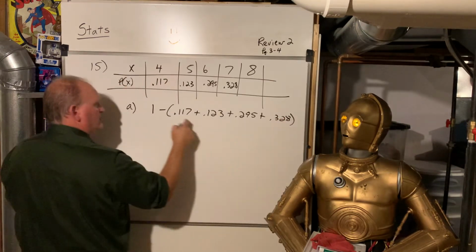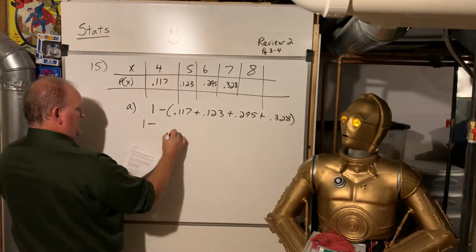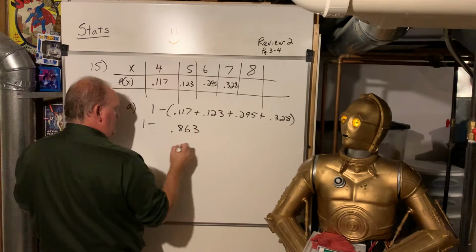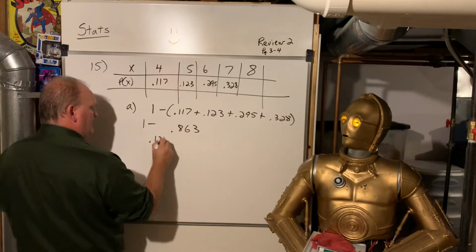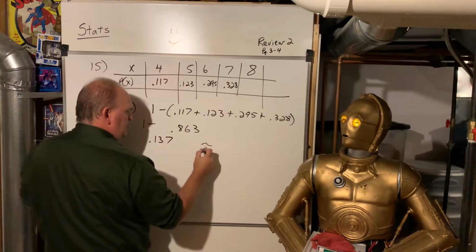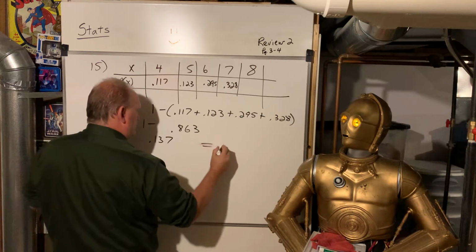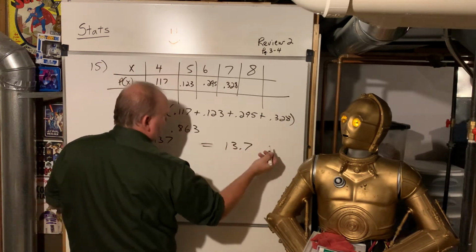So you add those all up, and that works out to be 0.863, and then 1 minus 0.863 is 0.137, and that is not approximately, exactly 13.70%.